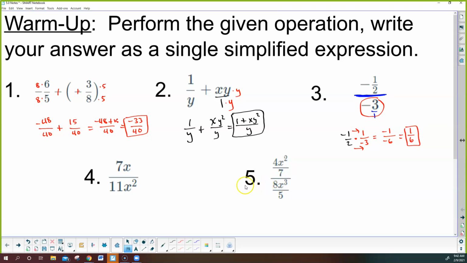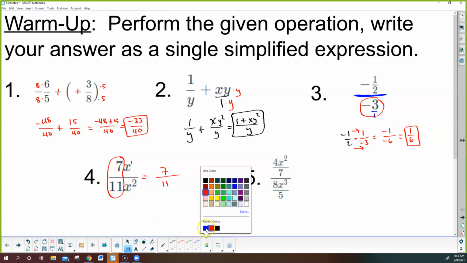All right? Now this one, it's already combined together, so all we have to do is reduce, and there's a couple ways to think of this. I think of it first as the fraction of 7 over 11, and that fraction cannot be reduced, so I know part of my answer is going to be 7/11ths. And then we deal with the x's.